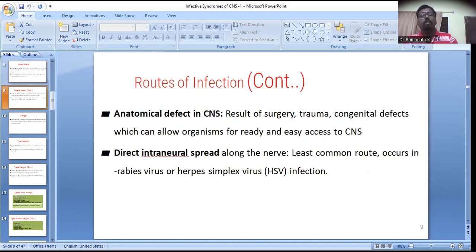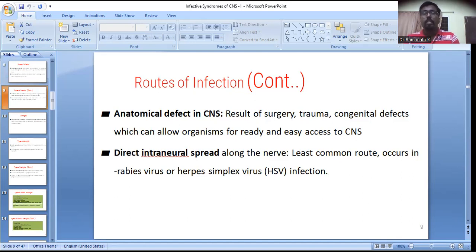Still, we have to study the route of infections where there is an anatomical defect in the central nervous system because of surgery or because of any trauma occurring after accidents, sometimes in children with congenital defects, which can lead to the organisms entering into the central nervous system.